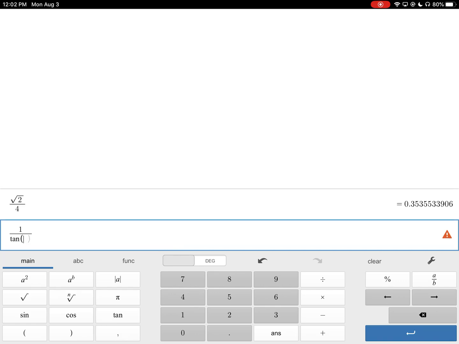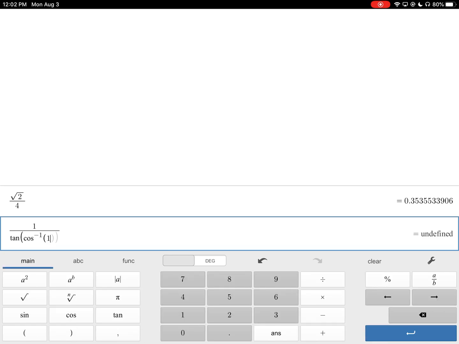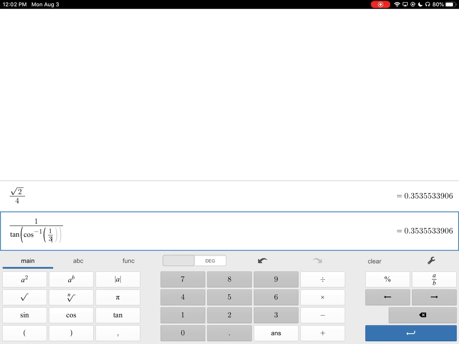You can use the reciprocal identity here because that's the original cotangent function. So I'm doing 1 over tangent of the inverse cosine of 1/3. And see how I'm getting the exact same approximation as radical 2 over 4 yielded.